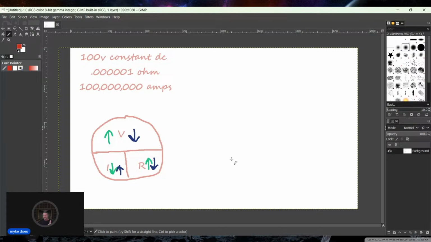So maybe 0.000001 ohms on it instead of 0. If it were 0, you'd have a lot more than 100 million amps capacity on that conductor. Now, that's fine. Your conductor can have that capacity to transfer that much amps.